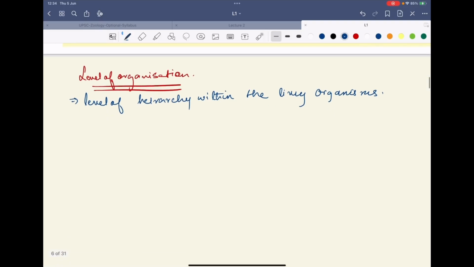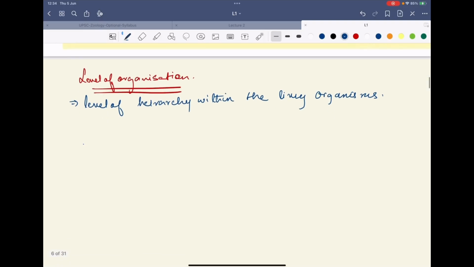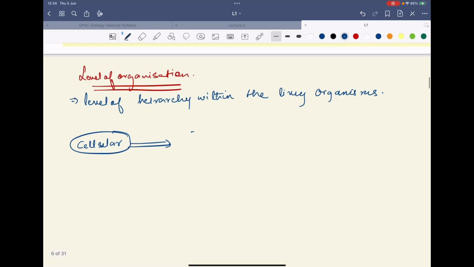The level of organization shown by organisms is cellular. Then as we move ahead, it is tissue level.